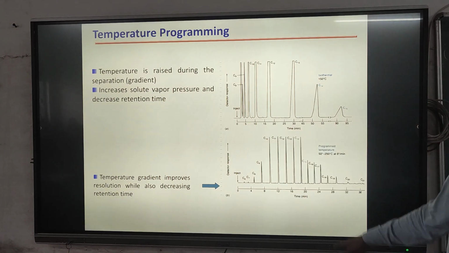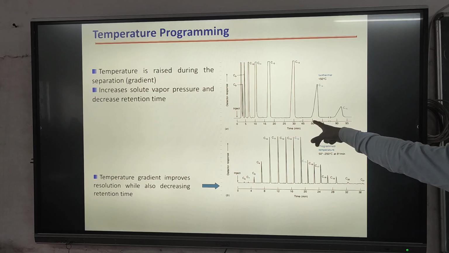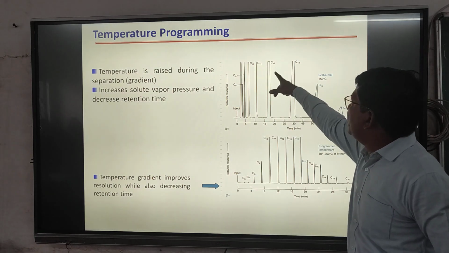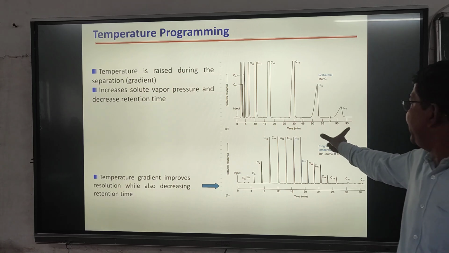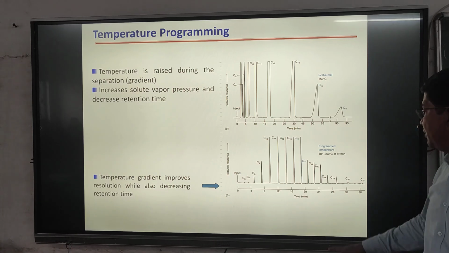From this image we can say the compound mixture is the same, a mixture of different hydrocarbons. Under isothermal conditions we can see the compounds are not properly separated, the peaks are very broad, and it requires a long retention time for separation of your compound mixture.